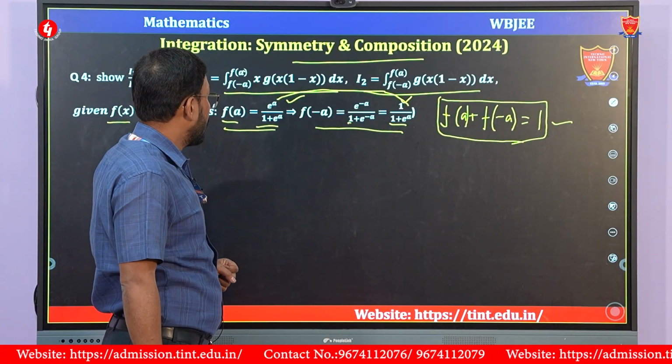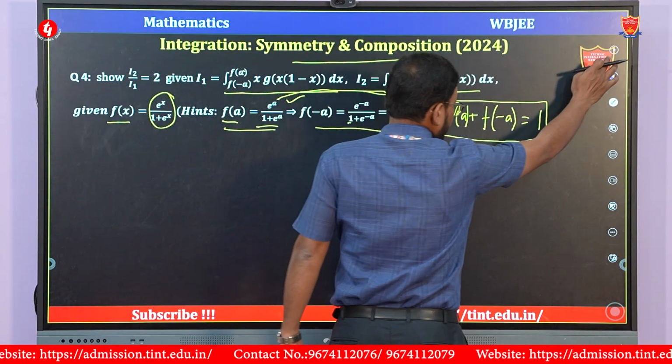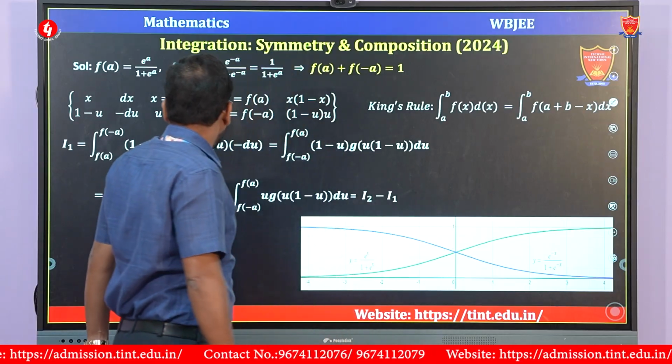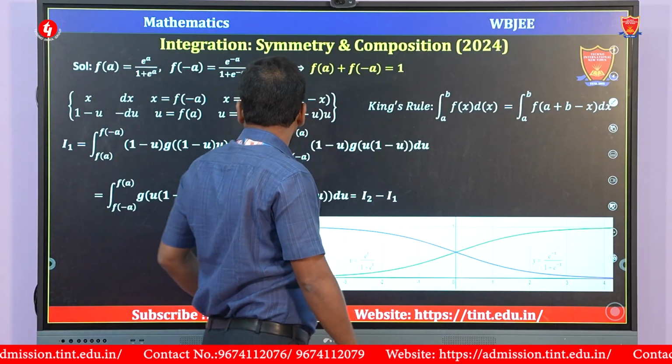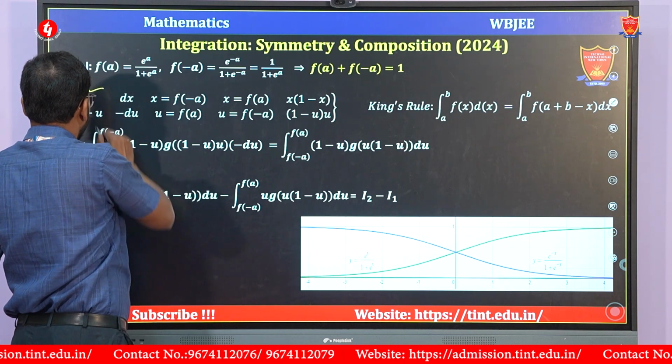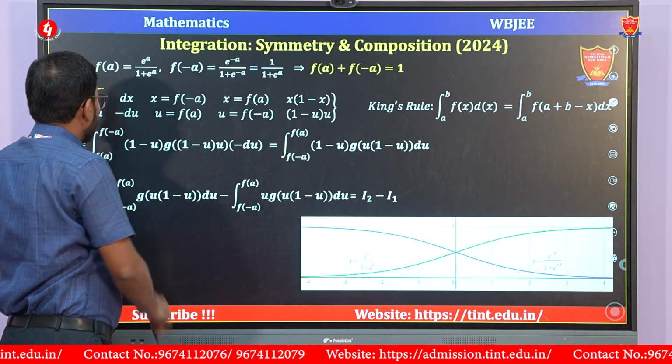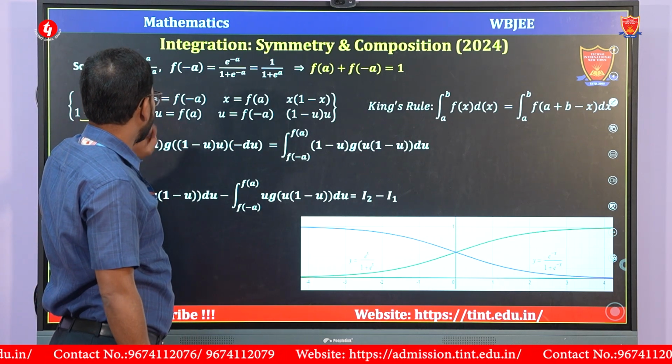Now, substitute x equal to 1 minus u. We substitute x is 1 minus u. So, dx is minus du.